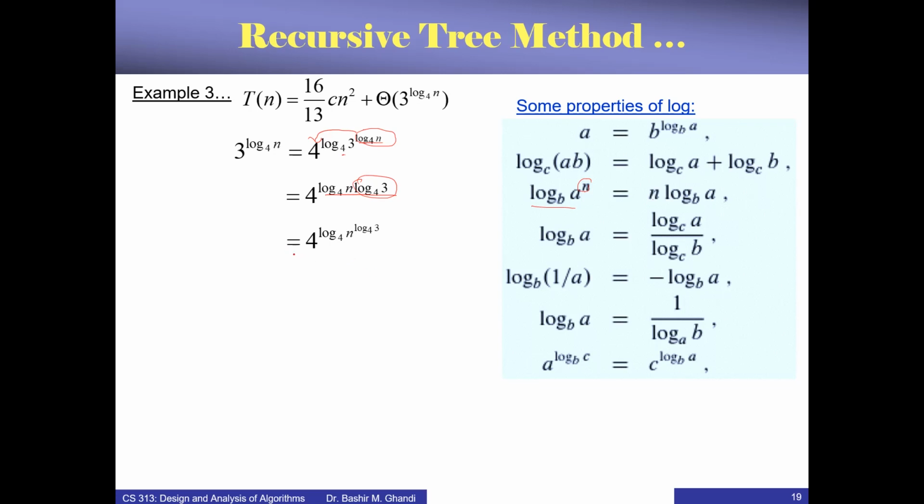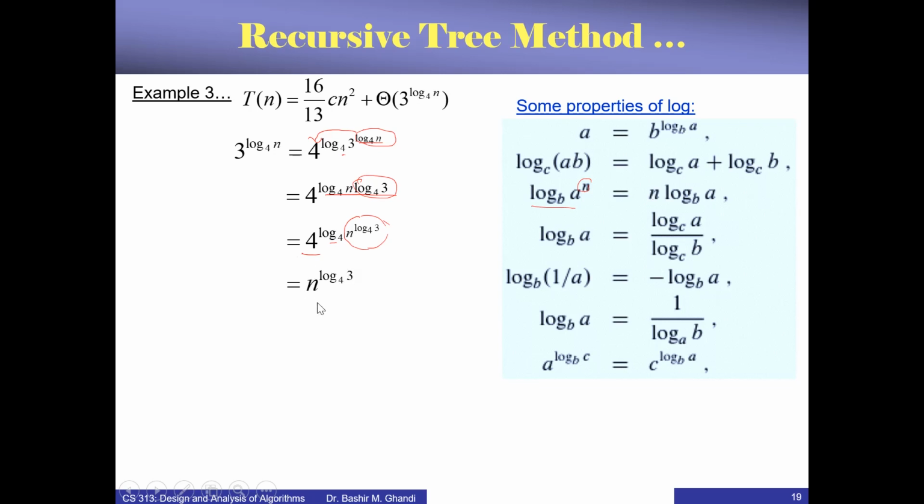Now we are again going to do the reverse of what we did initially. Instead of saying to power 4 and then log of 4, we can just say it is equal to n to power log of 3 to base 4. And that is exactly what I have here. So this whole thing can be said to be n to power log of 3 to base 4.